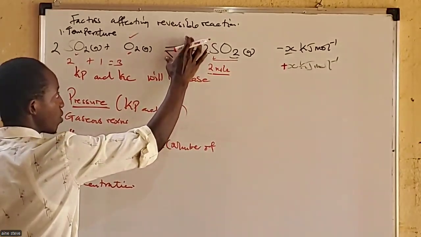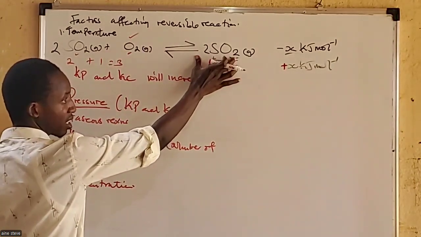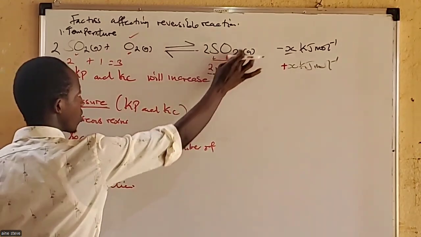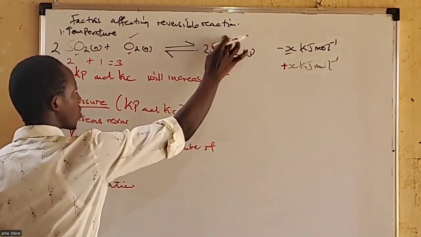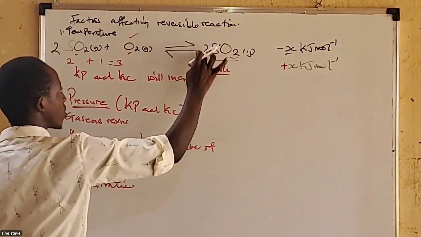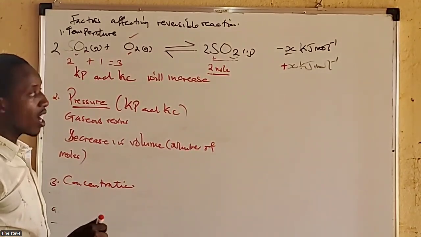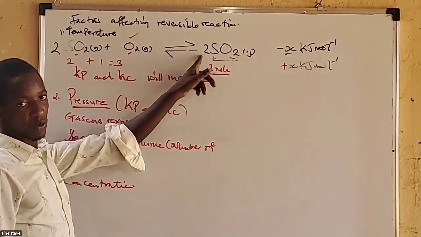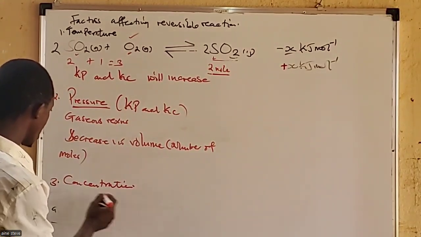Remember, this is a reversible reaction. What is on the left is balancing with what is on the right. So when you increase sulfur trioxide, more of it has to decompose to give us sulfur dioxide and oxygen gas, so as to maintain the equilibrium. So that's what you are trying to mean by concentration.